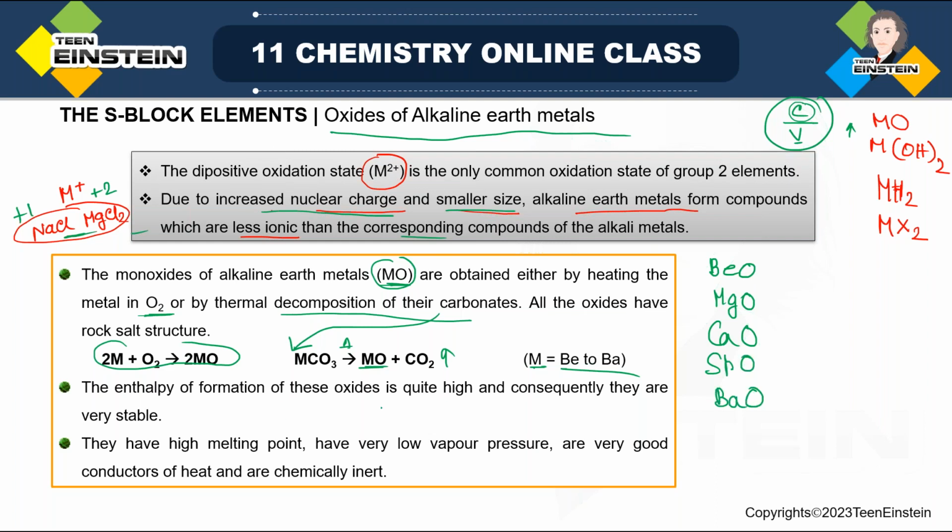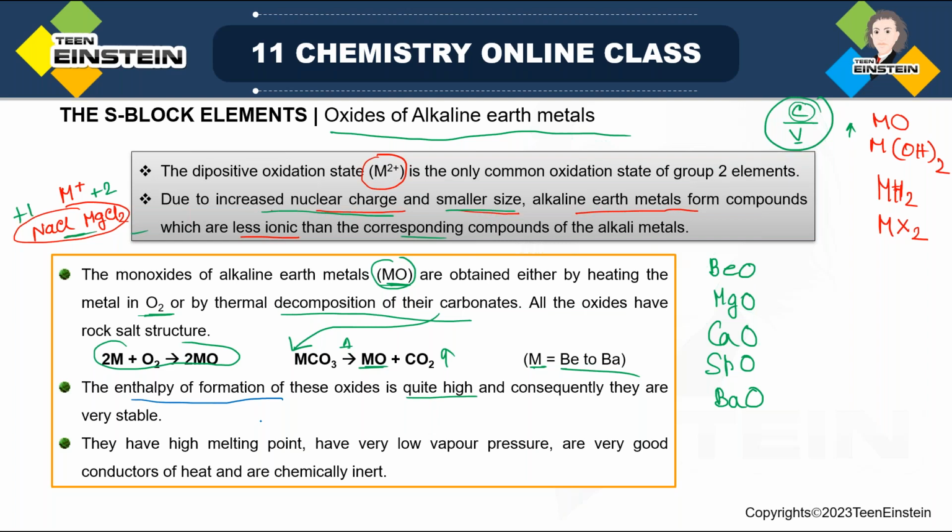The enthalpy of formation of these oxides is quite high, and that is the reason they are very stable. Because if you want to know their thermal stability, obviously you have to consider the enthalpy of formation value. Enthalpy of formation means the energy which is released when you are making 1 mole of any compound from its constituent elements under their normal state.